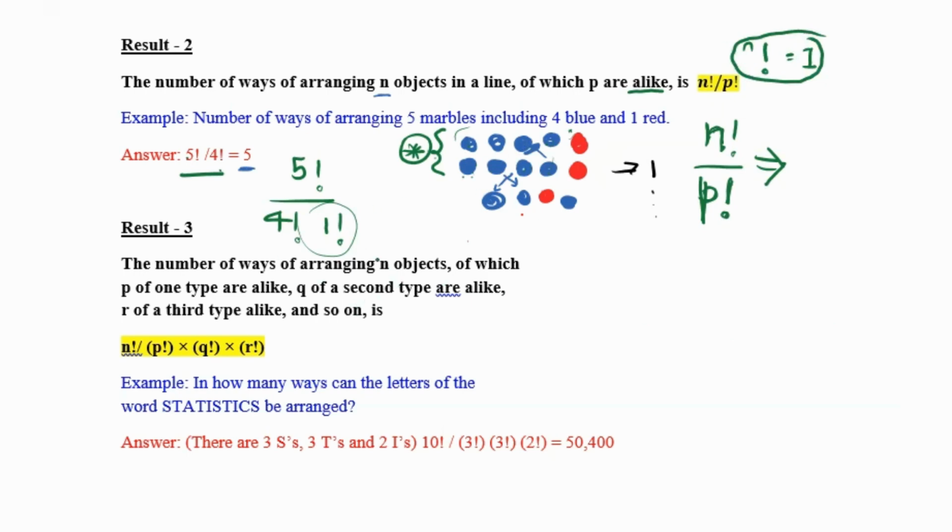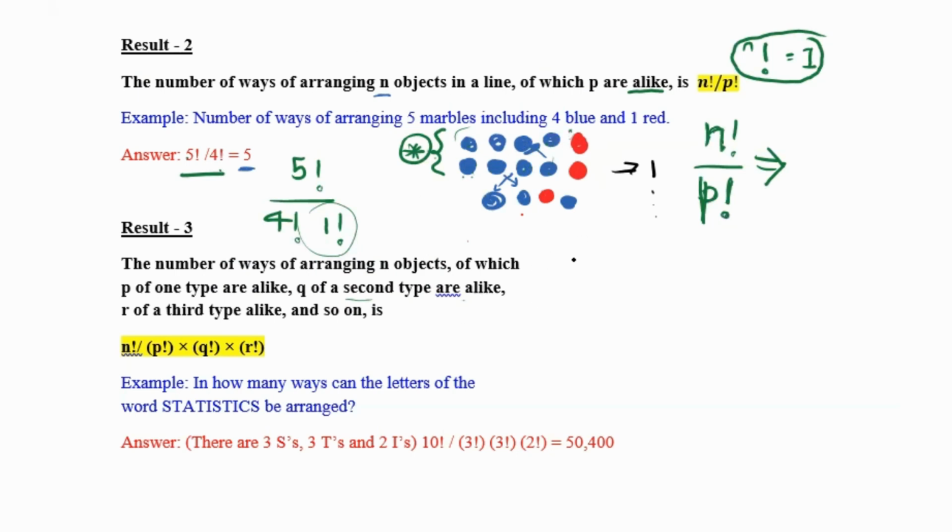Now the next result tells us more about arranging objects of which some types are alike. It's not just one type that is alike like the previous one. Now we have 2 or 3 types that are alike. And we are going to arrange the letters in the word statistics.